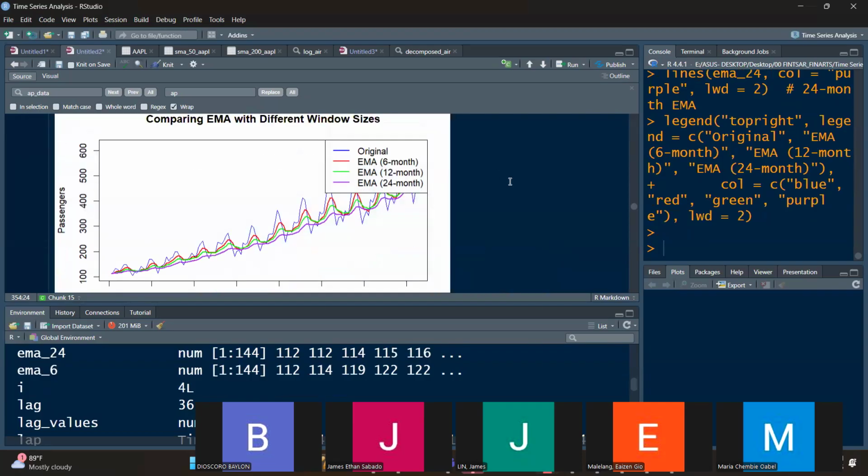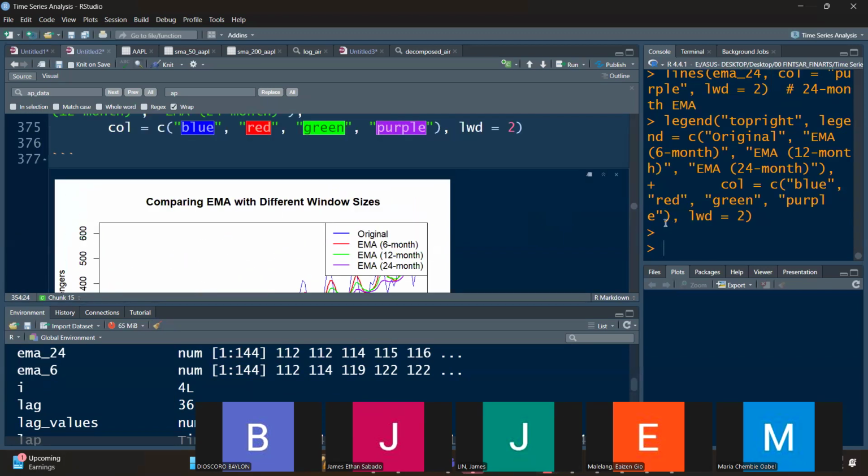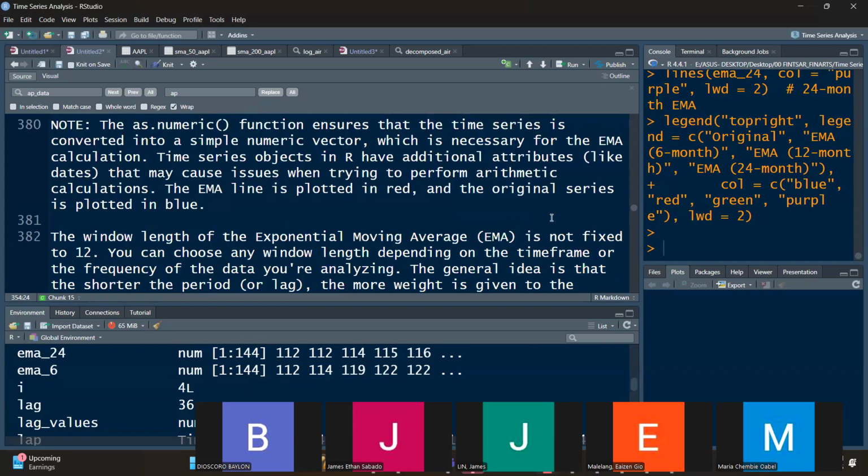Then you can see that the red one is the 6-month, the green one is the 12-month, and the violet, purple one is the 24-month. You could have added 36 also. Same behavior as your simple moving average.